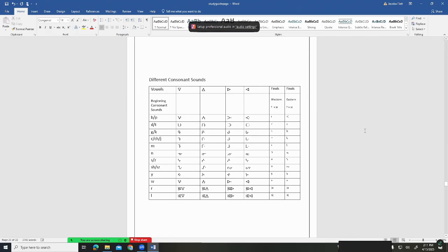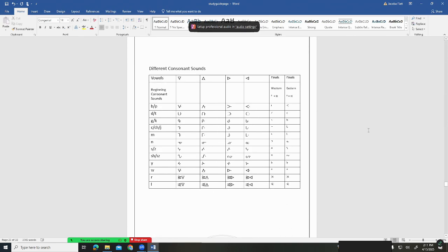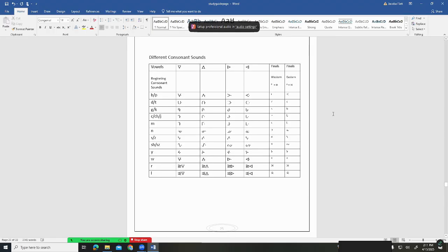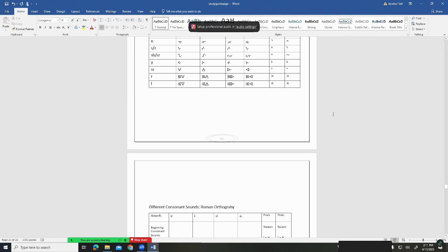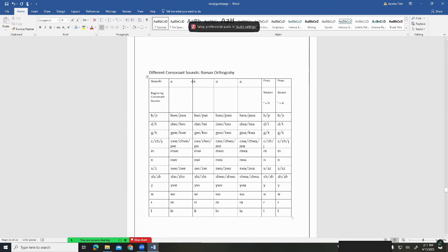And the next chart is different consonant sounds. With this chart, you can see the dots on the right hand side of the syllabics, which represent the different consonant sounds. This is how it would look in the Roman orthography.